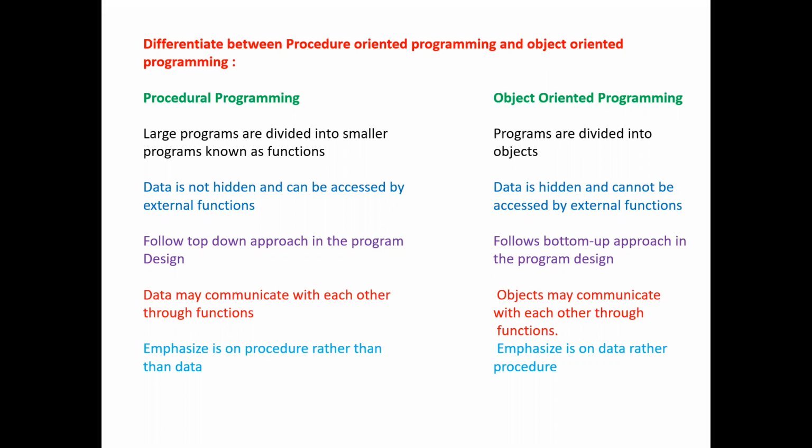This is very important. Data are hidden in both the cases, but in procedure-oriented programming, using external functions, you can access the data. But in object-oriented programming, using the external functions, you cannot access the data. It means object-oriented programming provides data security. That security is not there in procedure-oriented programming.